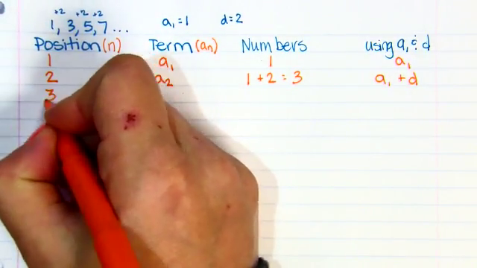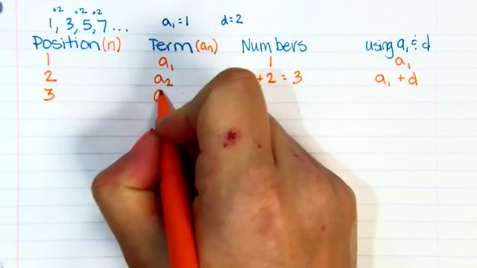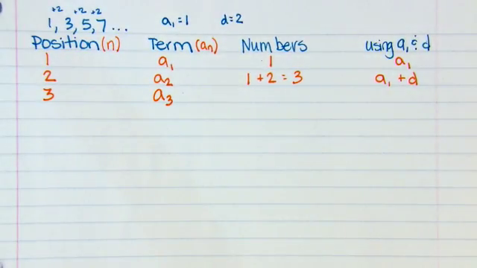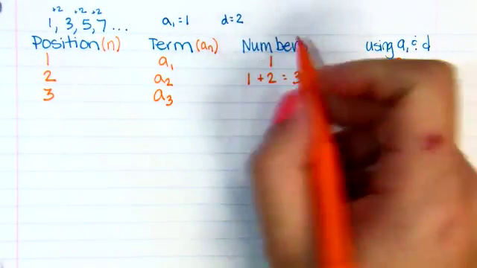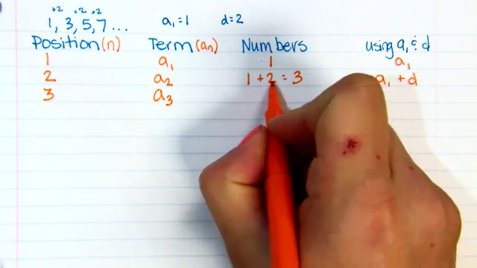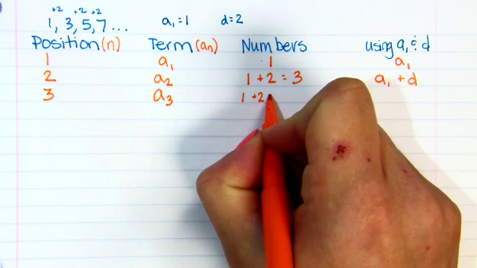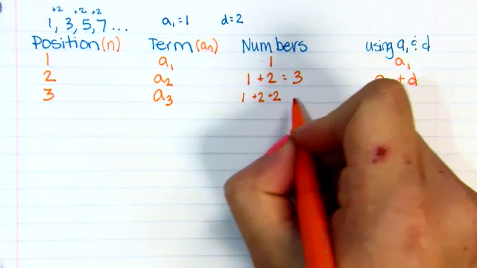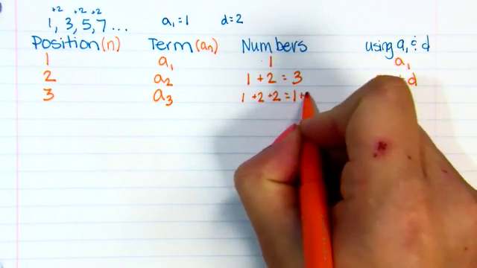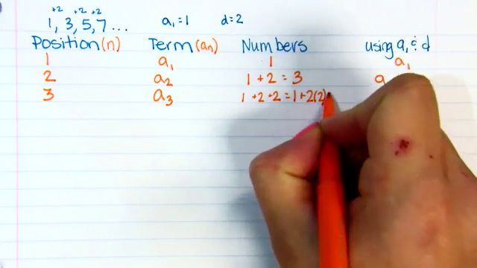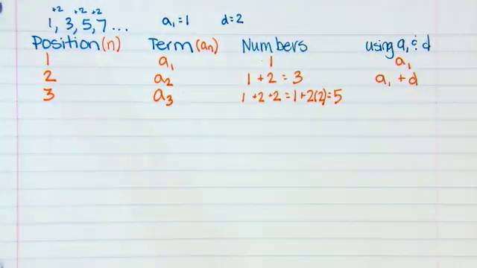For my third position, I call that term a sub 3. Using numbers, I take this 3, which was 1 plus 2, and I add 2 again, or 1 plus 2 times 2, and I get 5.